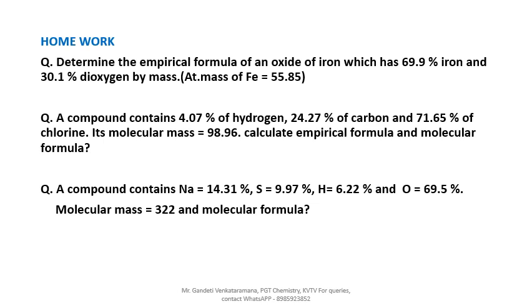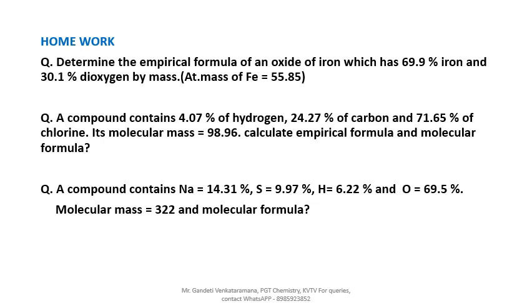Okay, dioxygen by mass, that is very important. Atomic mass of Fe equals 55.85. Oxygen mass you already know. You don't know the iron mass, so the iron mass is given to you. Atomic mass of iron, or ferrous, equals 55.85. Calculate the empirical formula, follow the procedure.